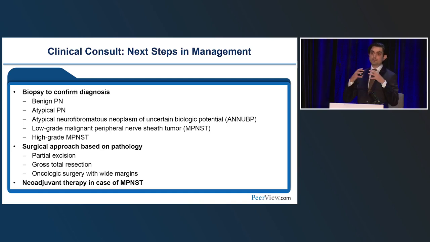You don't want to do an overly aggressive surgery that will lead to loss of function for a premalignant tumor. Whereas if you've confirmed that this is an MPNST, surgeons will probably want to get some white margins to improve overall survival.